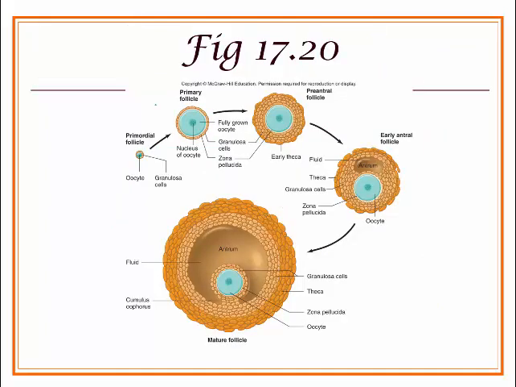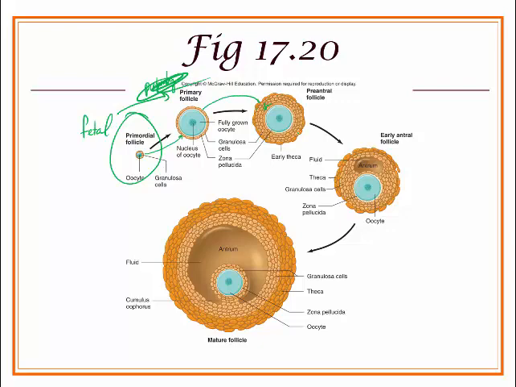Okay, so this is a primordial follicle. That is what is developed at birth, I should say before birth when we're a fetus, and it sits that way all the way until puberty. At puberty, approximately 10 of these follicles are stimulated to develop. The squamous cells will become cuboidal, and they will start to do mitosis and produce the granulosa cells.